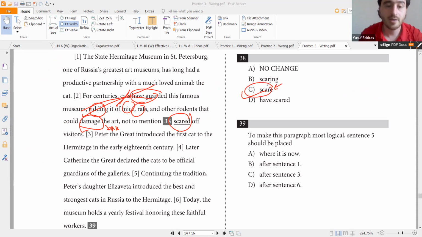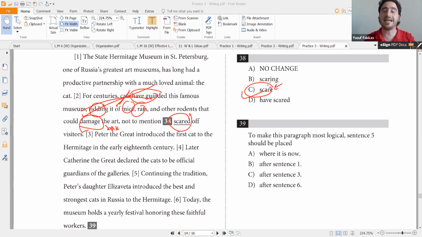Okay? So I have two verbs for the cats. They have guarded this museum, ridding it of mice. So one present perfect, one ing, both for cats. But I know that according to what I have here, what scares visitors is not the cats, it's the rodents. So what do I have for rodents? I have could damage. Damage is in the base form.